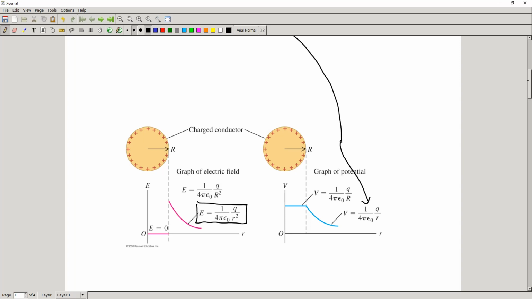So maybe I'll point out at this point that it's going to matter. If we have knowledge of the electric field beforehand, we can use certain sets of tools, right?